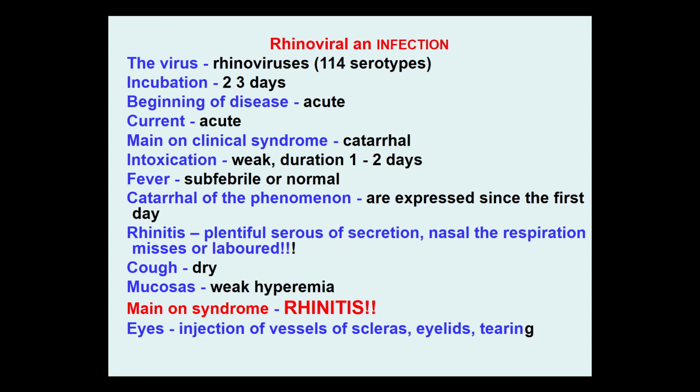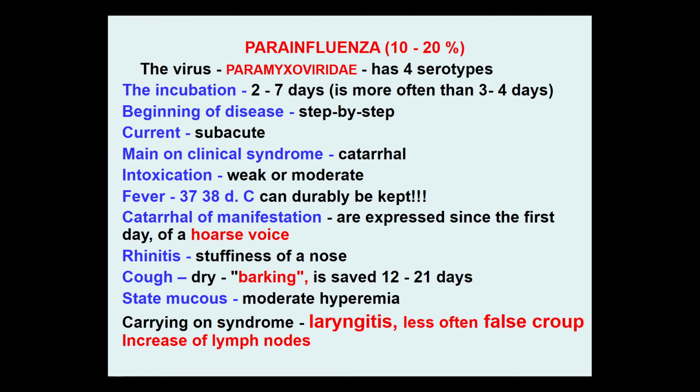Catarrhal phenomena are expressed since the first day: rhinitis, plentiful serous secretion, difficult nasal respiration, dry cough maybe, weak hyperemia of mucous membranes. Main syndrome rhinitis, injection of the vessels of the sclera, eyelids, tearing maybe.